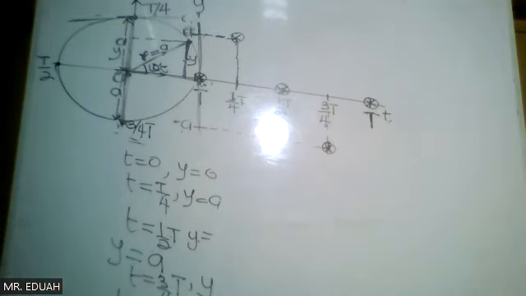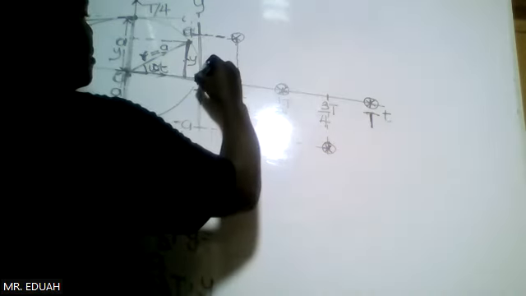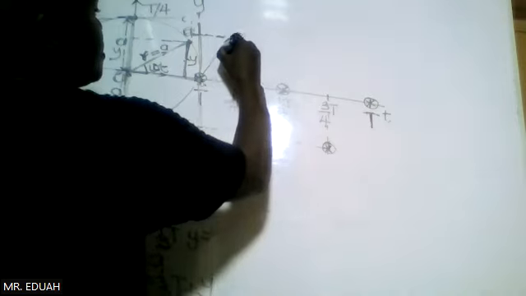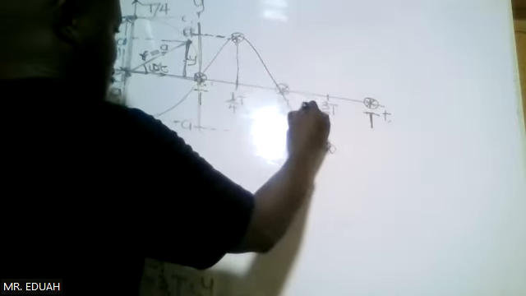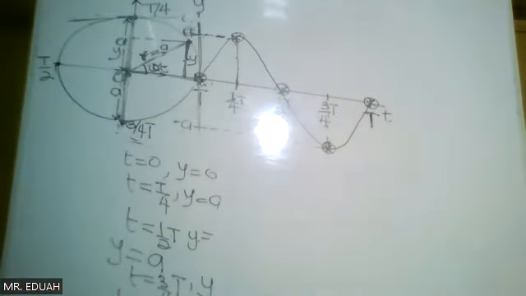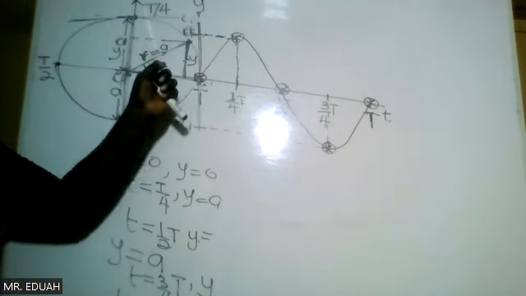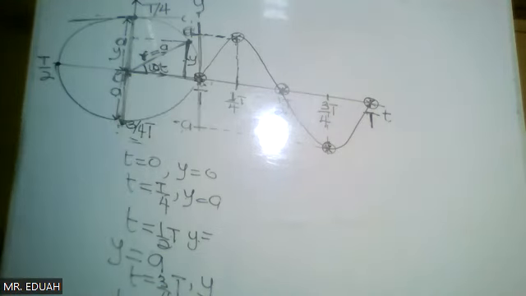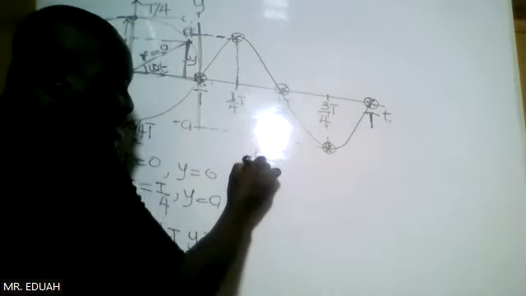So when you finish, you just join your points. And this gives you the displacement equation of a body doing simple harmonic motion over one cycle.